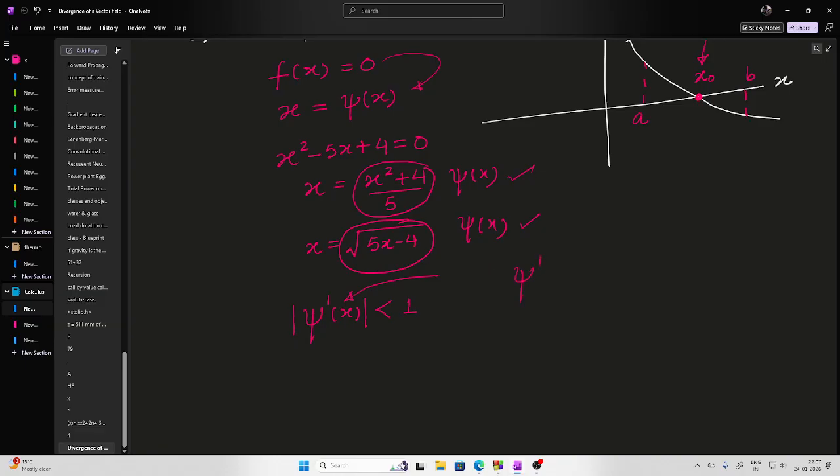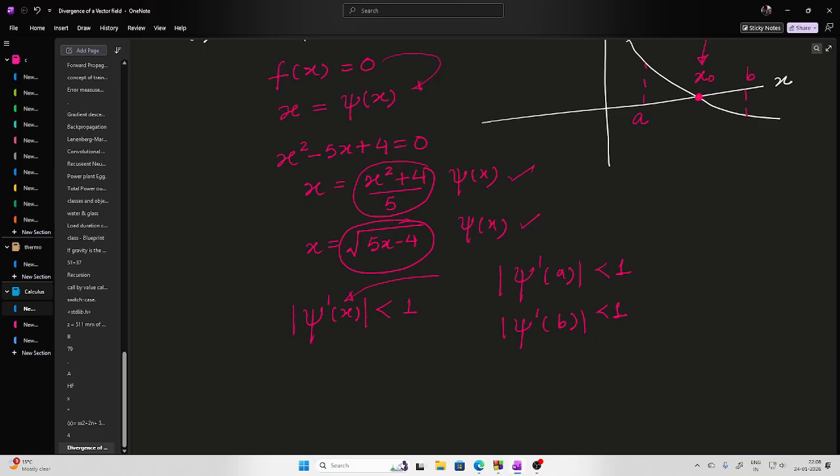If I know the bracket, I find psi prime a and psi prime b, and if the magnitudes come out to be less than 1 in both cases, then you can be sure that you will get a converged answer. If this doesn't happen, then you should not solve using this method, or if possible, you can go for some other method which will return a better converged solution.